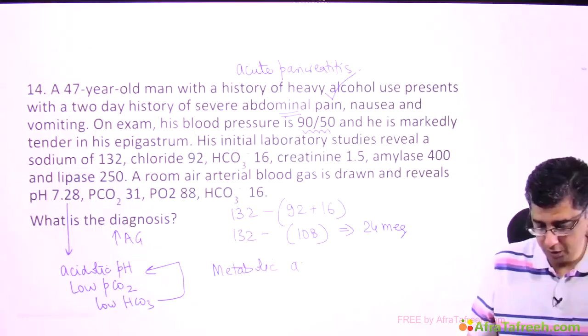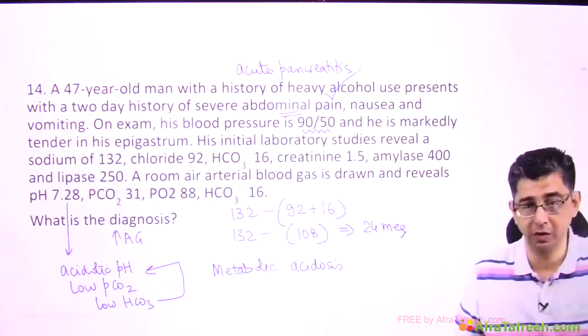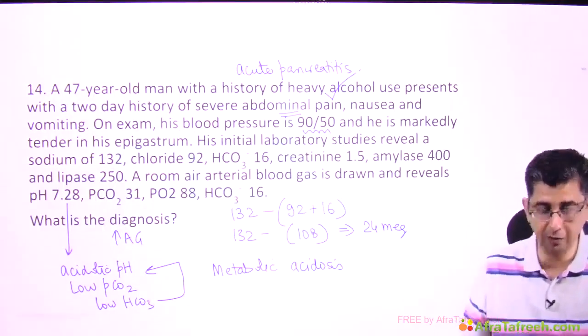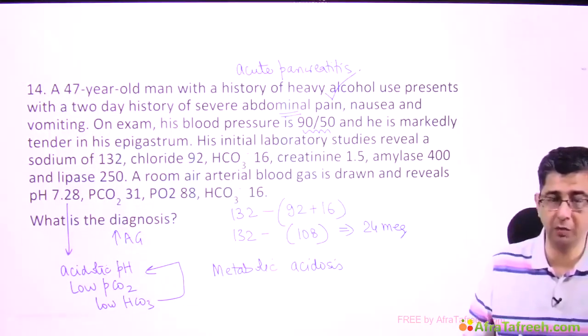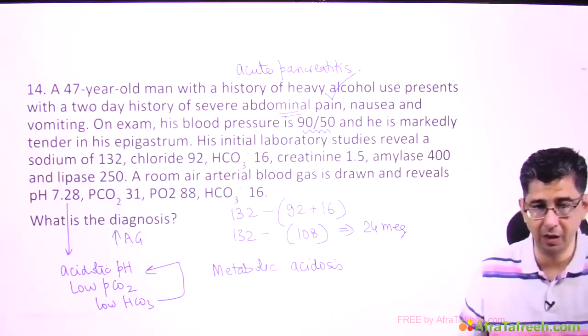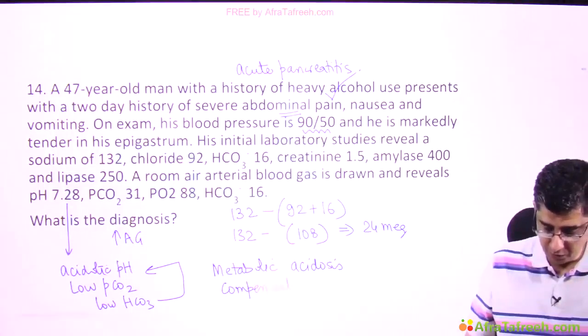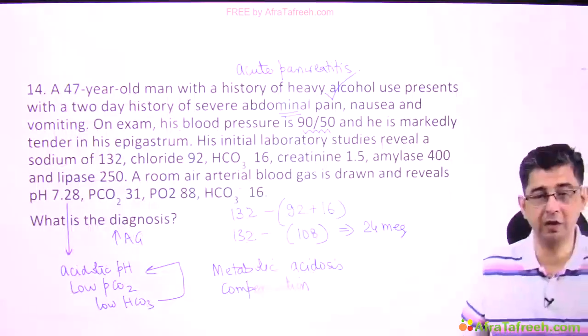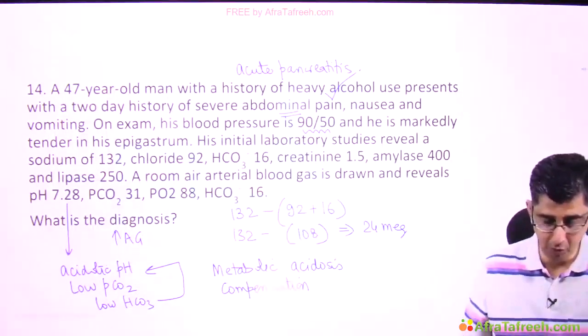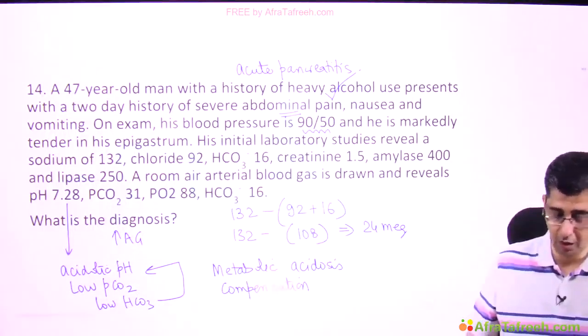I was thinking that this would be metabolic acidosis right in the first two lines of the question, because in any patient of pancreatitis, once you have development of distributive shock, there could be a metabolic acidosis developing. In these patients, there will also be a compensatory process going on. The compensation will involve hyperventilation that contributes to loss of carbon dioxide from the body.